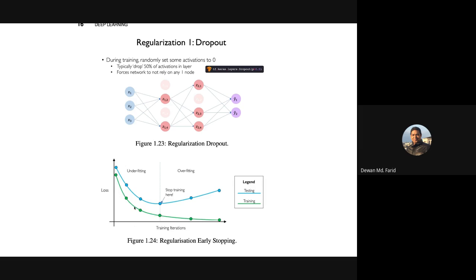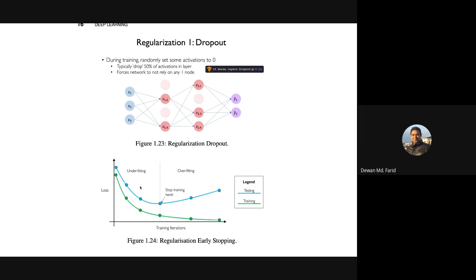If you do more iterations, you are trying to find the optimal values for the weights, changing the weights of the neurons in each iteration. But look at the blue line: this is underfitting, where the loss is very high for both training and test data.